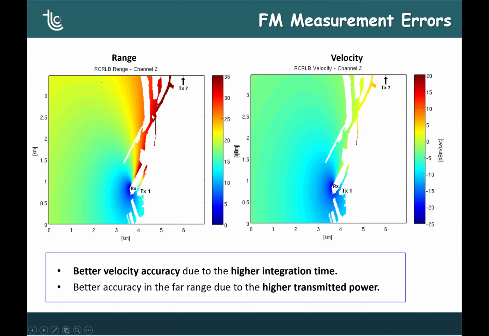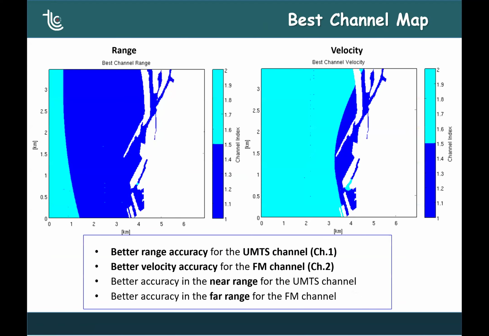So when the target is in this area, which is red, it is not good to use the FM measurement, because here the ambiguity function is bad and then we don't get a good estimation of the range and the velocity of the target.